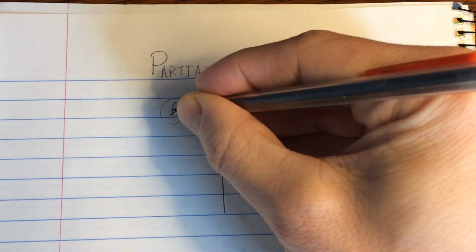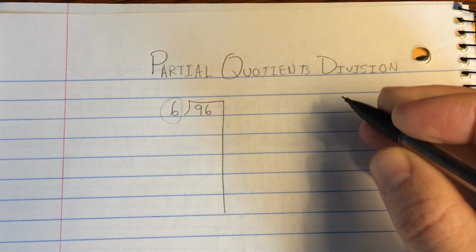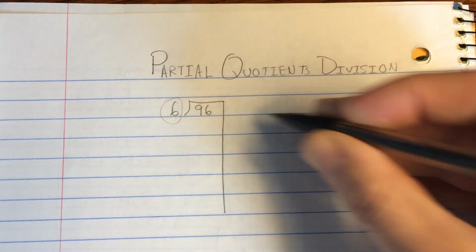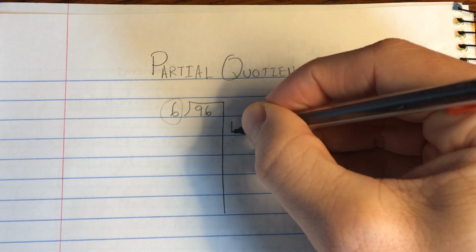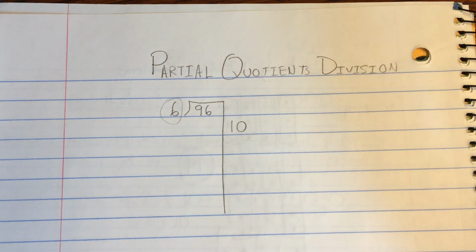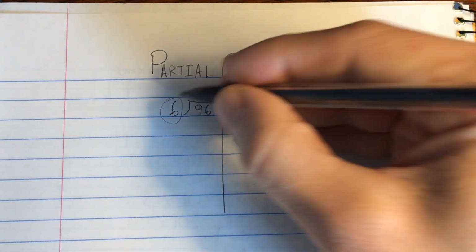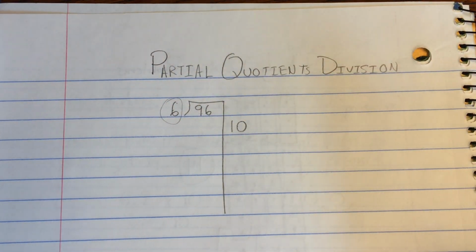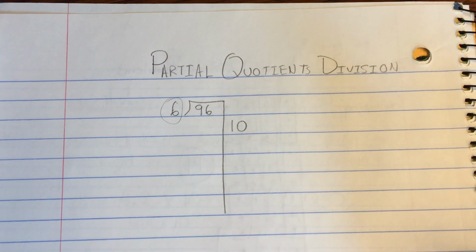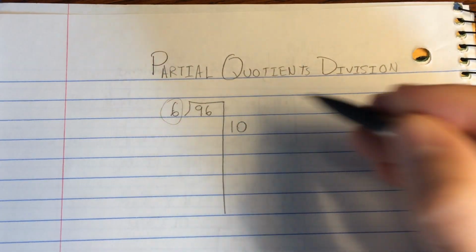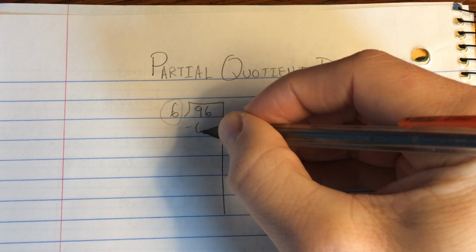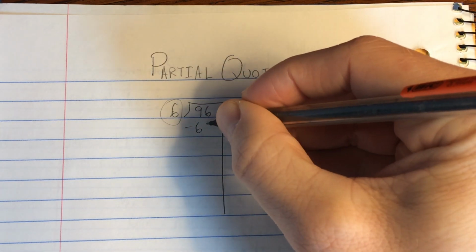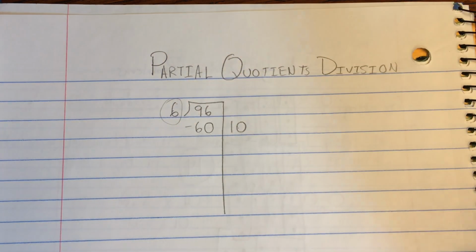Let's multiply 6 times 10, and whatever you're multiplying by, you're going to put on the right side here. So 6 times 10, we should know that 6 times 10 equals 60. And whatever you get there, when you multiply these two together, you're going to put your answer below 96, and we're going to take that away from 96.